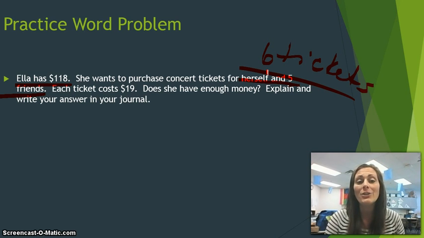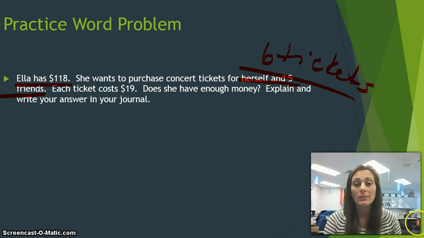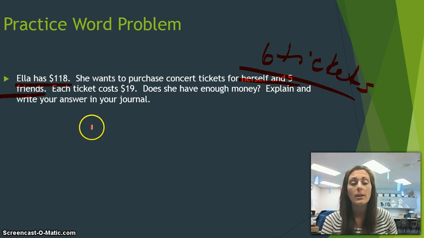So she has $118. She wants to purchase 6 tickets. Each ticket costs $19. Does she have enough money? Explain and write your answer in your journal. Okay? Well, we know that we're dividing. So what if we tried, she has $118.